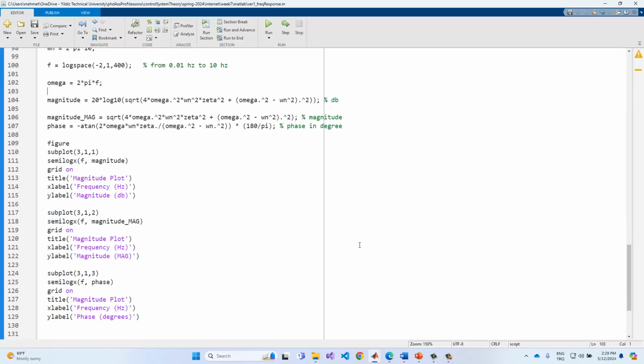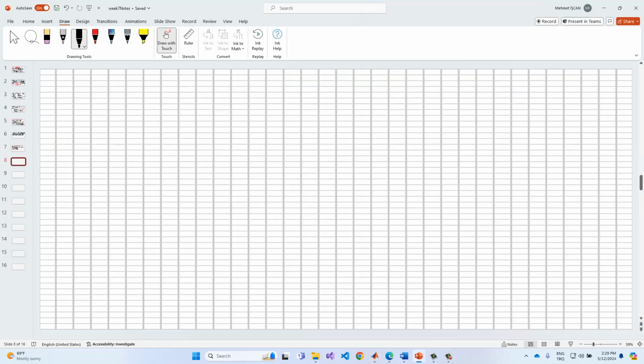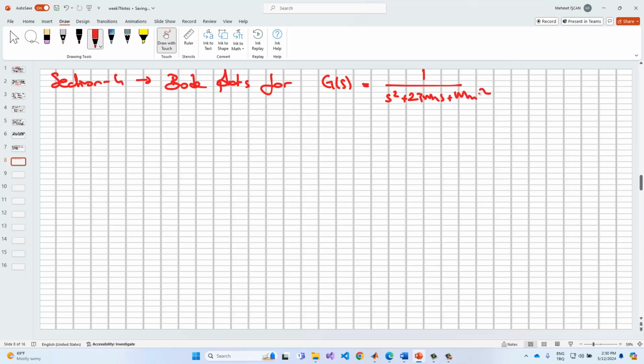Also we can derive another form in here just like this one. The Bode plot of section 4 can be rewritten as the Bode plot for G(s), the standard second-order system: 1 over s² plus 2ζωn s plus ωn².